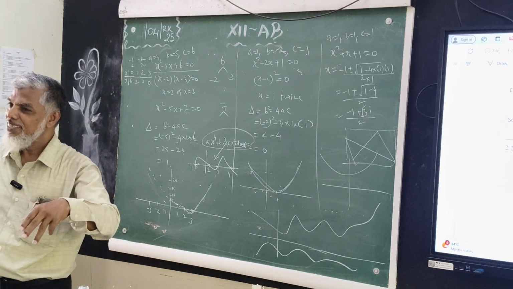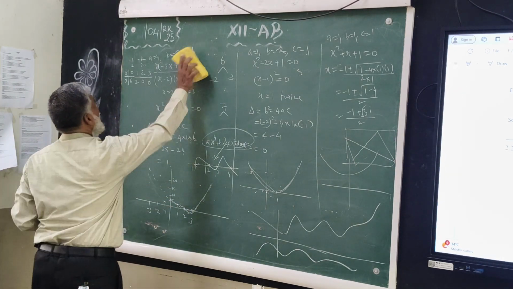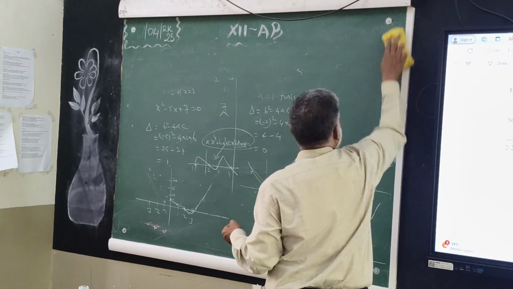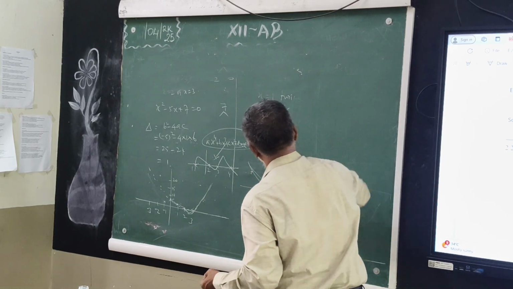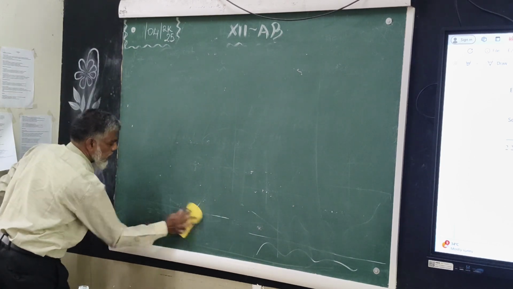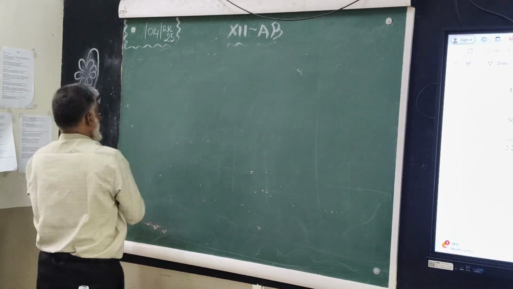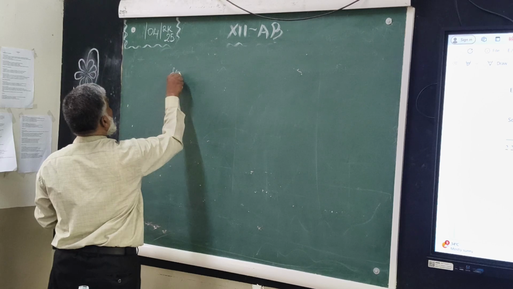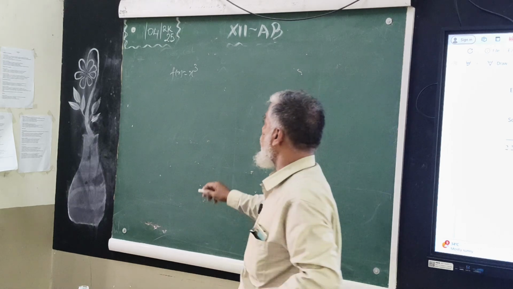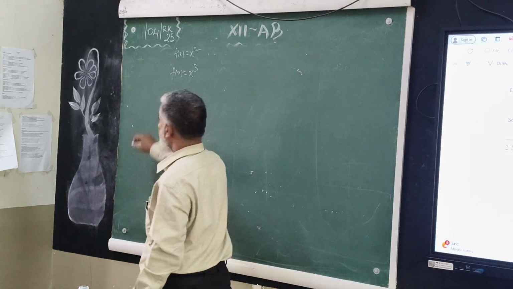Now what is f of x equal to x cube? f of x equal to x cube. f of x equal to x square. f of x equal to x.